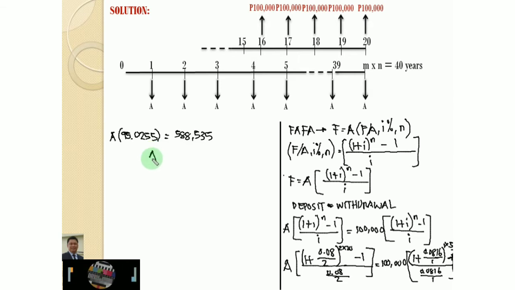So we have the value of our semi-annual payment A, which is equal to 6,193 pesos.